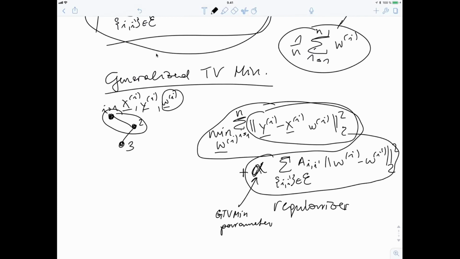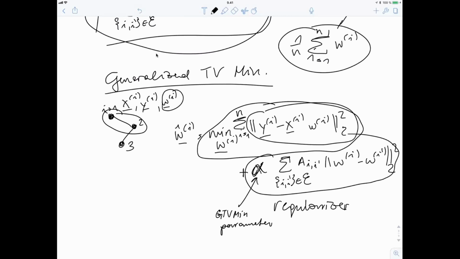The larger alpha, the more we penalize a variation of the model parameters across the edges. So if we make alpha very large, any solution to this problem, I call the solution W hat, will be almost constant at all nodes.